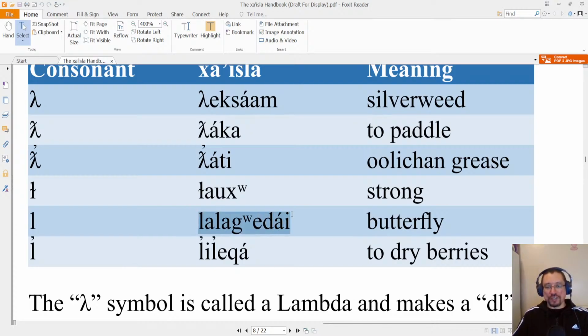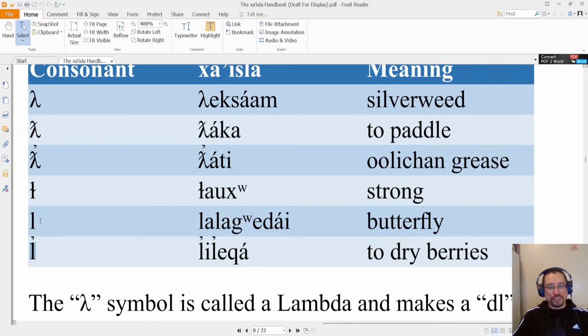So this is something to keep in mind. This is something that's very important, because I hear a lot of people say lalagwada. That is not the correct pronunciation. It's lalagwade. There should be an eh sound at the end, not an a sound. Lalagwade. And this means butterfly.